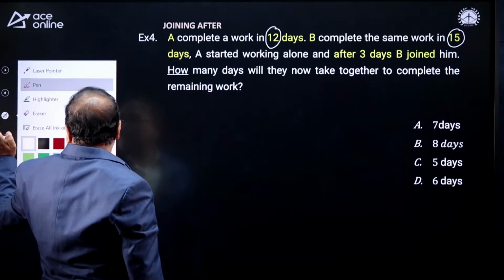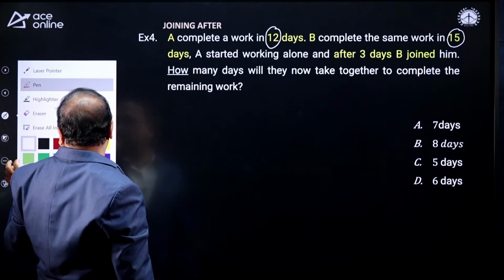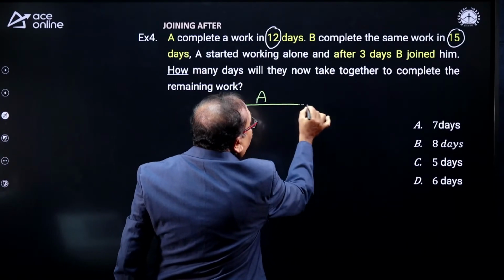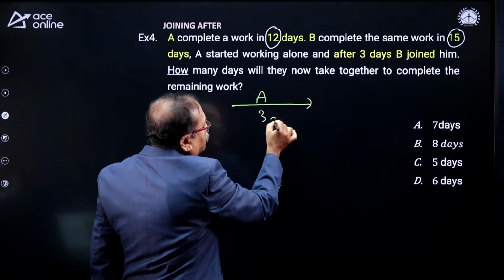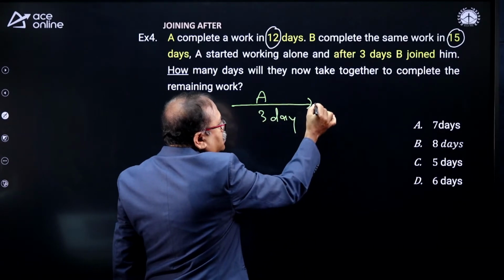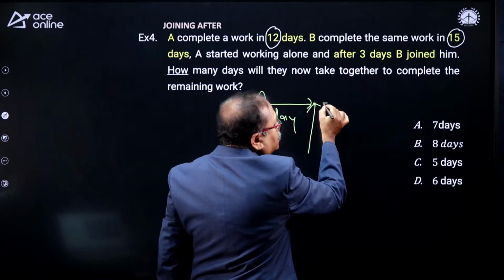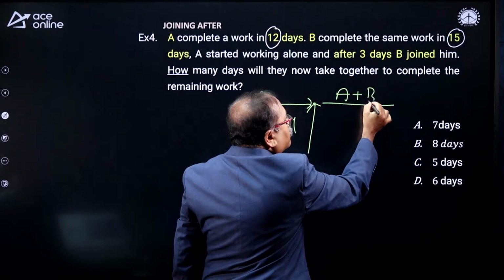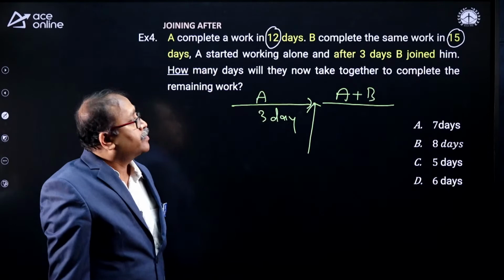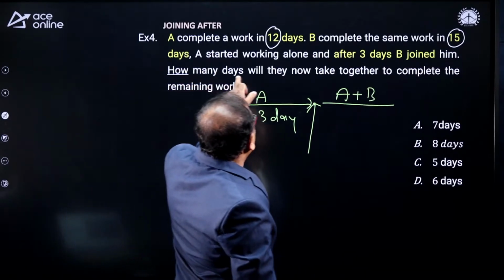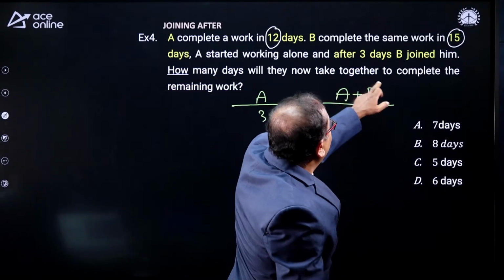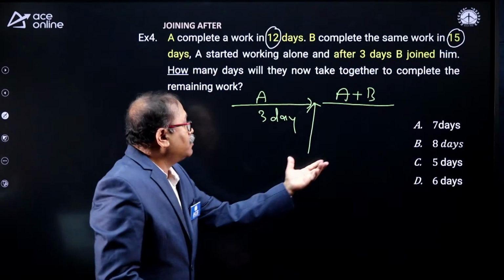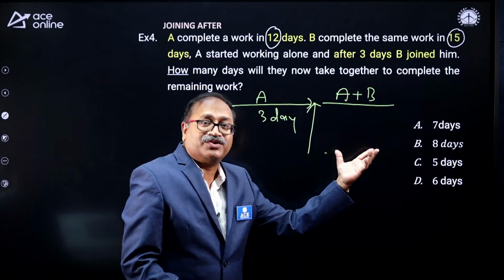That means the situation they are talking about is something like this. A started the work, and after 3 days B joins. That means after 3 days the work is done by A and B together. Now, how many days will they now take together to complete the remaining work? This part of the day I need to find out.